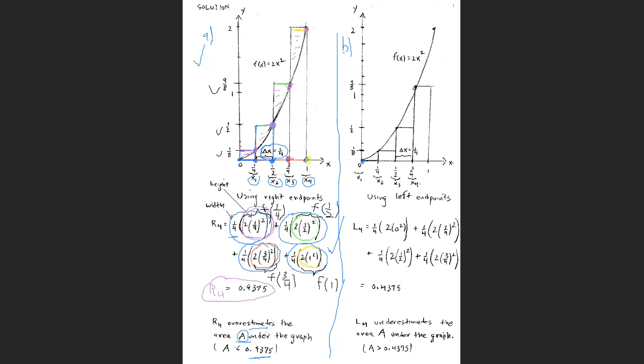You've seen that notation with your differentials, right? But in regards to the area of a rectangle, delta x is the width of the rectangle. All the rectangles will have the same width for our purposes here. Now in part B, we're going to use the left endpoints to determine the heights of the rectangles.